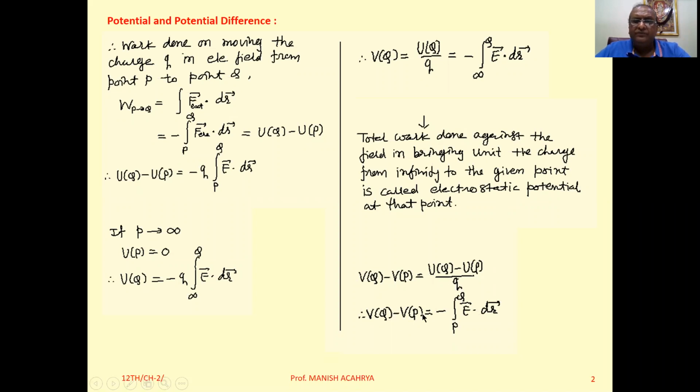Clear? So VQ minus VP we can write as per this equation.